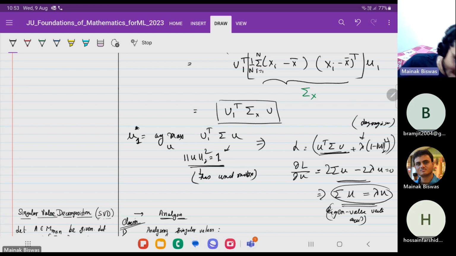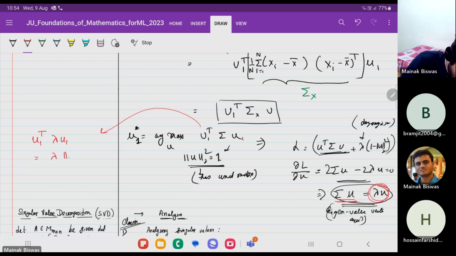So how will it maximize? Can you tell me? I'll put this in the equation. So lambda U1, so you will have lambda U1 transpose U1. So arg max will give me lambda. How will it get maximized? U1 transpose U1 becomes 1, so I am left with lambda.